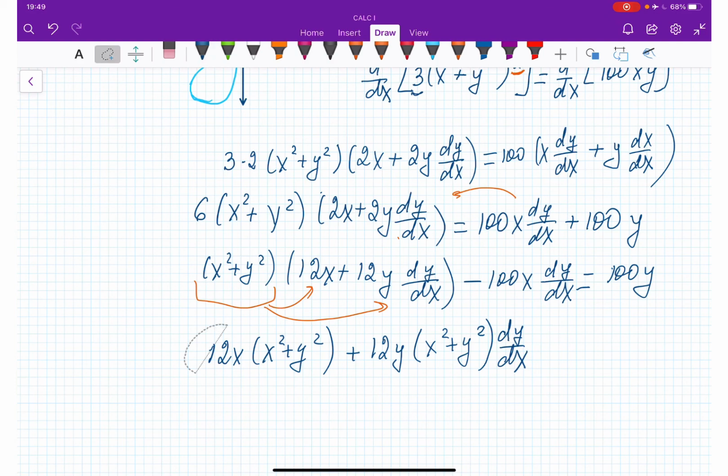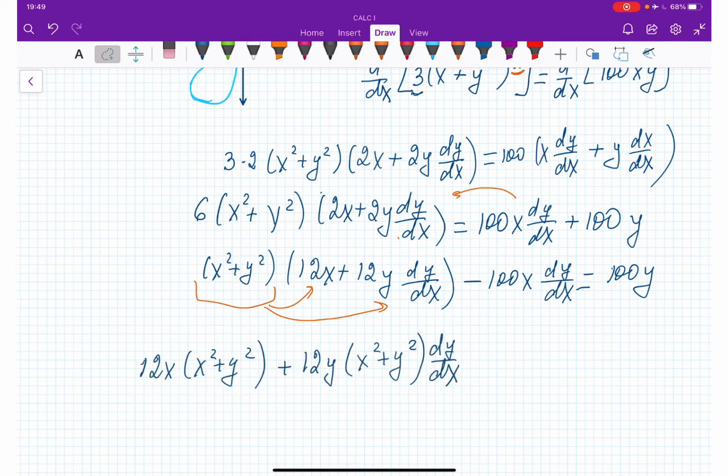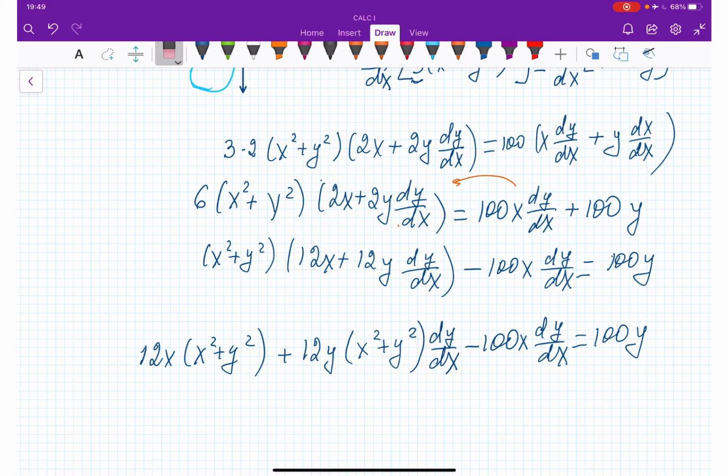Let me move over a little bit. And minus 100x dy by dx equals 100y. Okay? Without opening the parentheses of x squared plus y squared, what I did, I just multiplied 12x by the entire parenthesis, and then 12y dy by dx multiplied by the entire parenthesis. That's what I did.